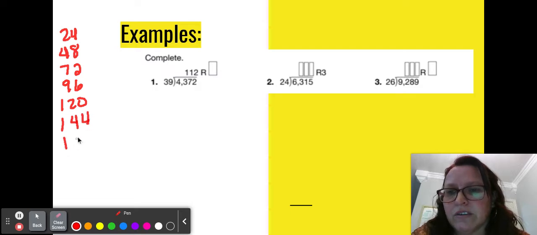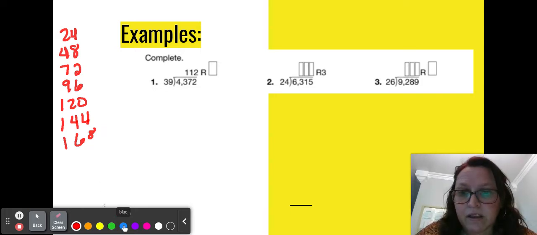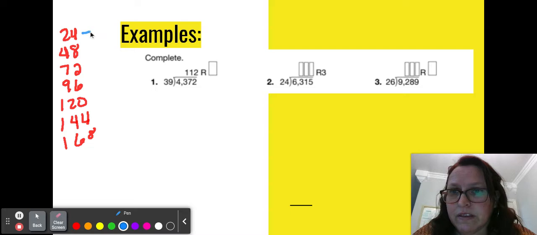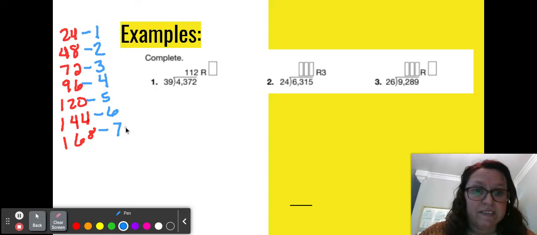I've got 168. And I'm going to stop right there in case I need more. So this is times 1. 48 is times 2. 72 is times 3. 96 is times 4. 120 is times 5. 144 is times 6. 168 is times 7.